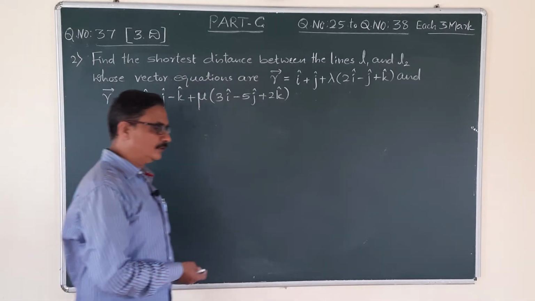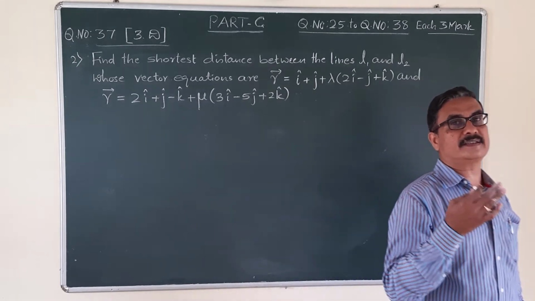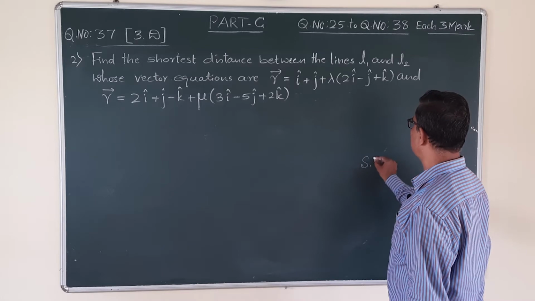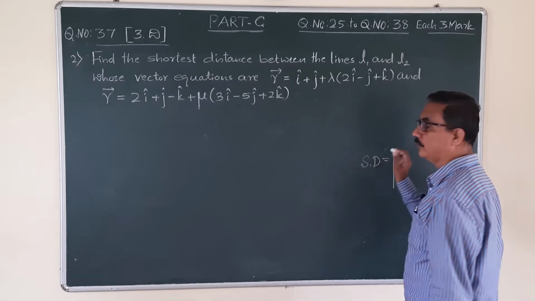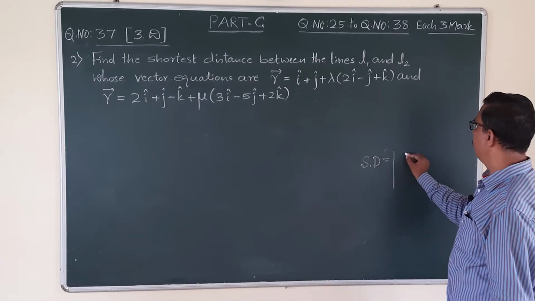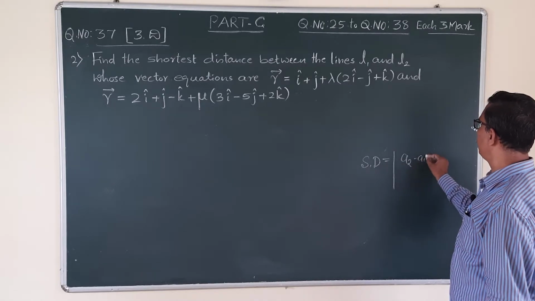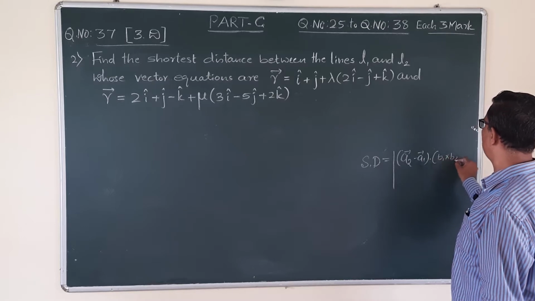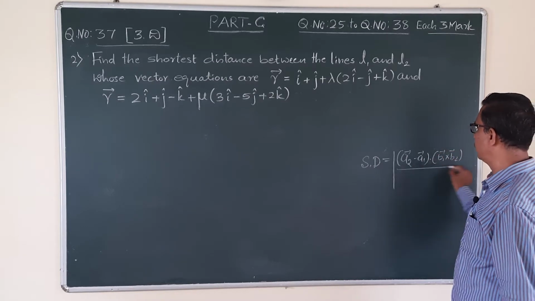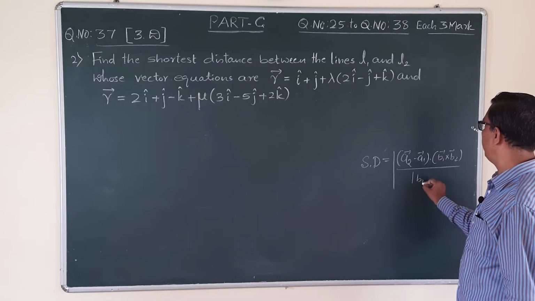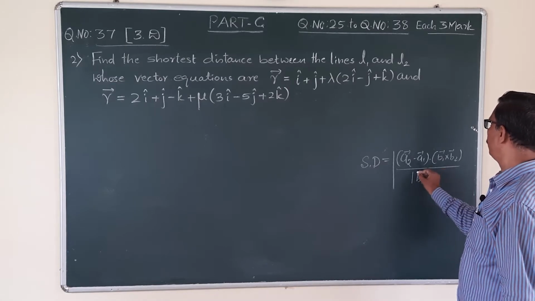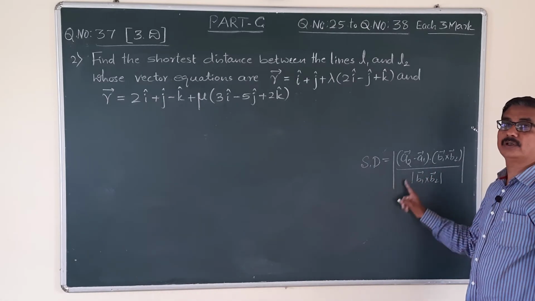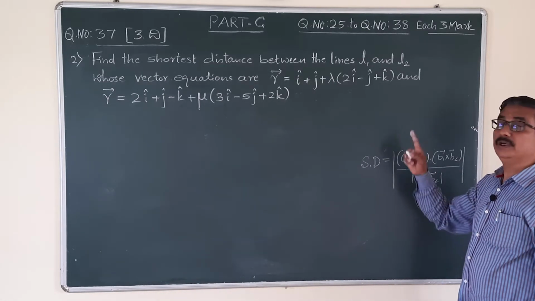As you know, the shortest distance between skew lines is given by the formula: shortest distance SD is equal to modulus of (a2 minus a1) dot (b1 cross b2), the cross product of two vectors, divided by the magnitude of b1 cross b2. This is the formula for the shortest distance between two lines.